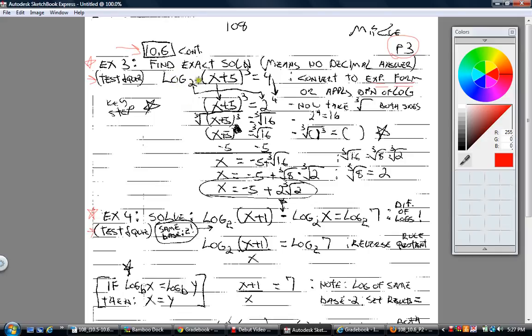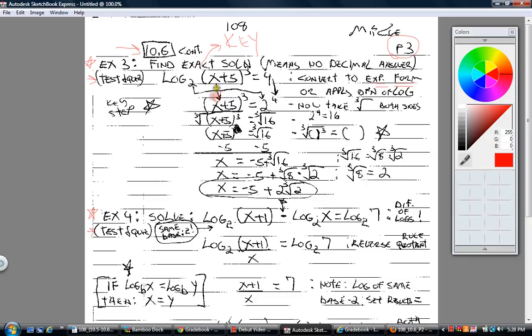Log base 2 result is what? The quantity x plus 5 cubed equals the exponent of 4. For me, class, the key to doing these problems is to say the words base, result, and exponent over and over again. I like to drop the result down.